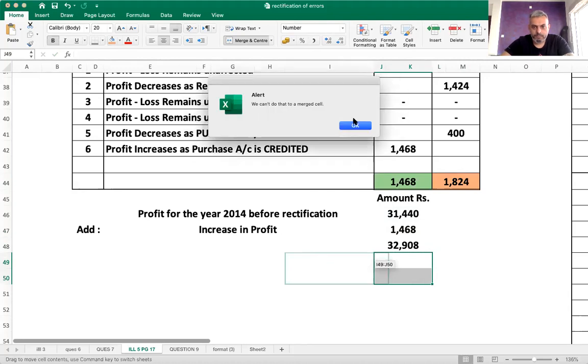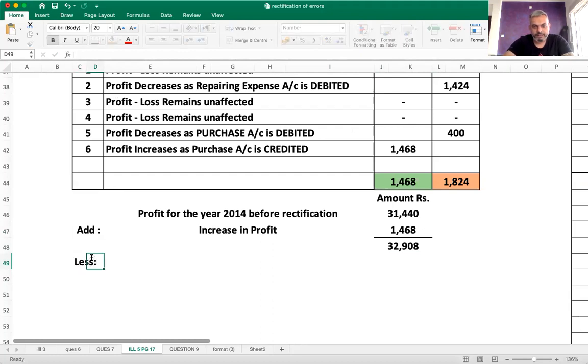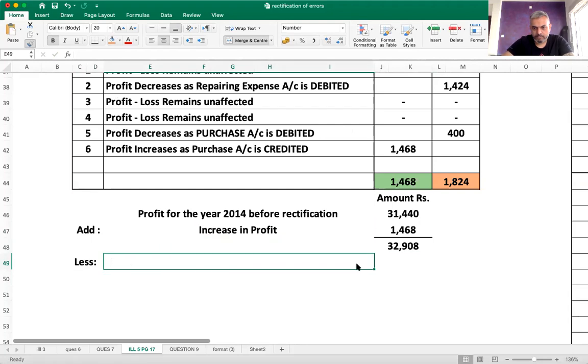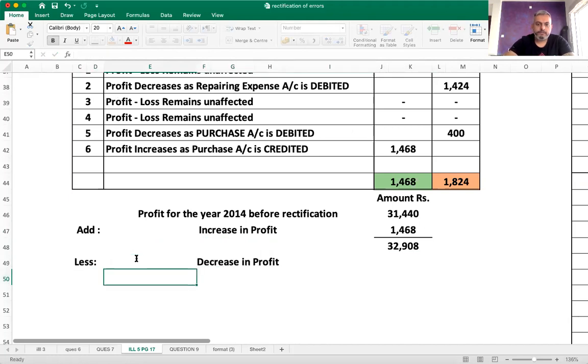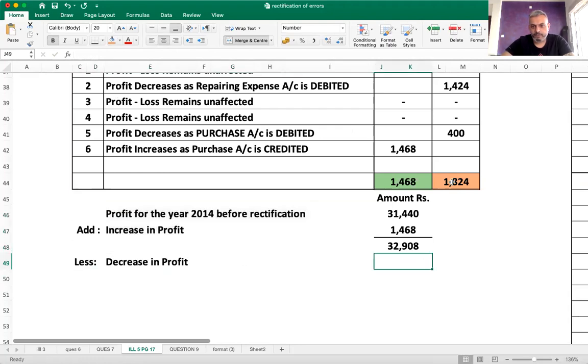Now, next, so we have this 32908 less. जो ऐड करना था वो ऐड कर दिया, अब लेस कर देते हैं. Decrease in profit. So what's the decrease in profit? Decrease in profit is 1824.